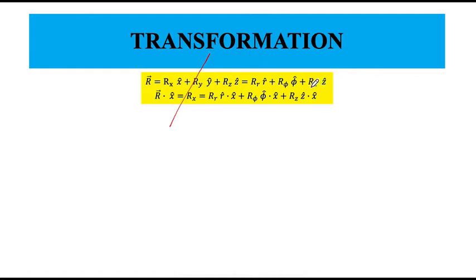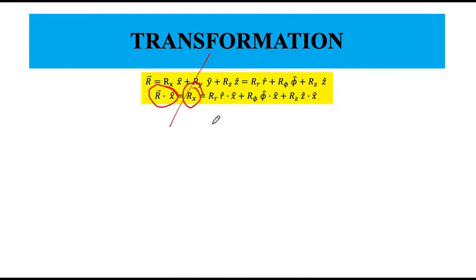Now I know that r is equal to rx x hat plus ry y hat plus rz z hat. Now if I try to find out the component of r vector along x hat, the vector that is along the x-axis, I can do that by finding the dot product of r with x hat. So if I do this operation, I am going to get rx.